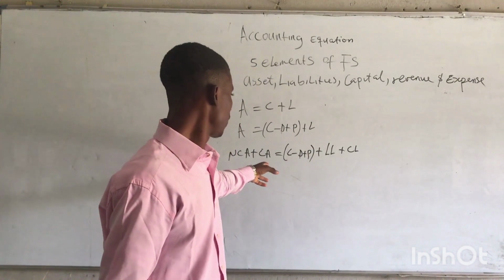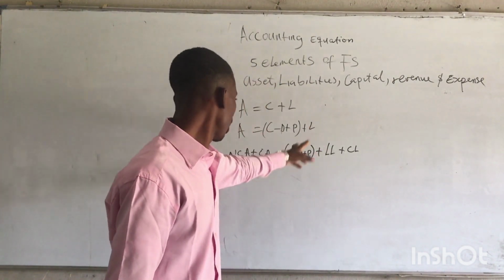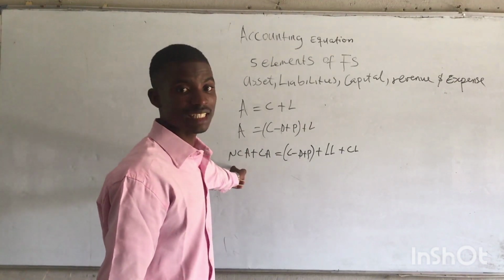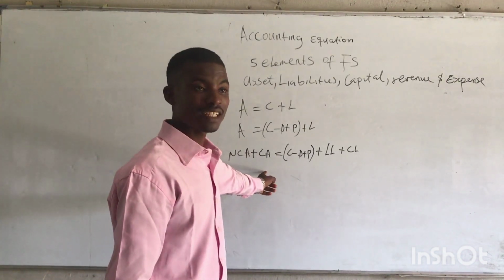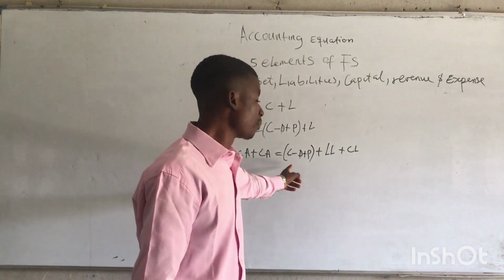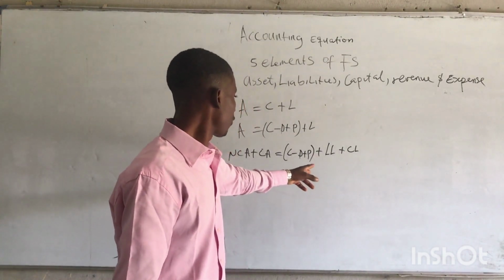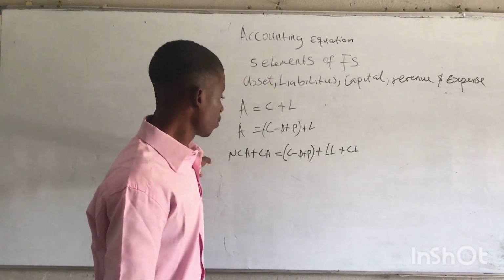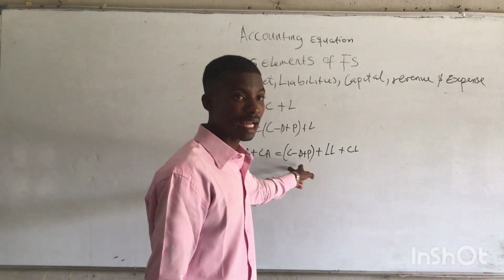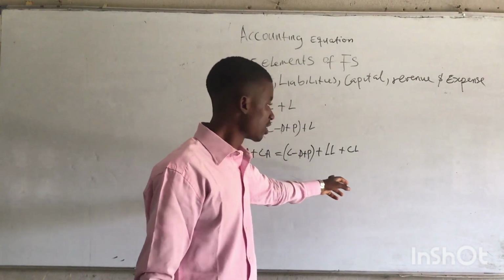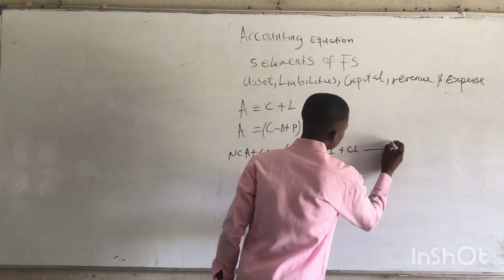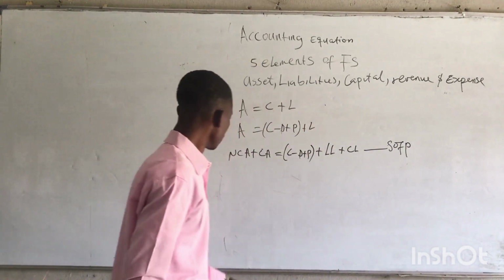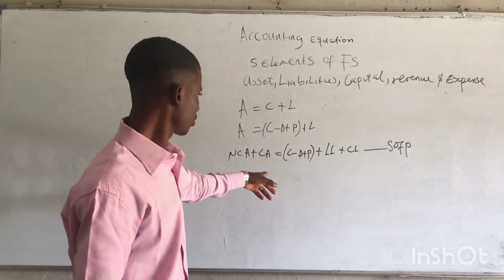Every statement of financial position shows you at the right hand side the values of the non-current assets plus the values of the current assets, which will be equal with the financed by side, which is the left hand side, which is made up of the capital plus the liability. So this is the typical statement of financial position format using the accounting equation.